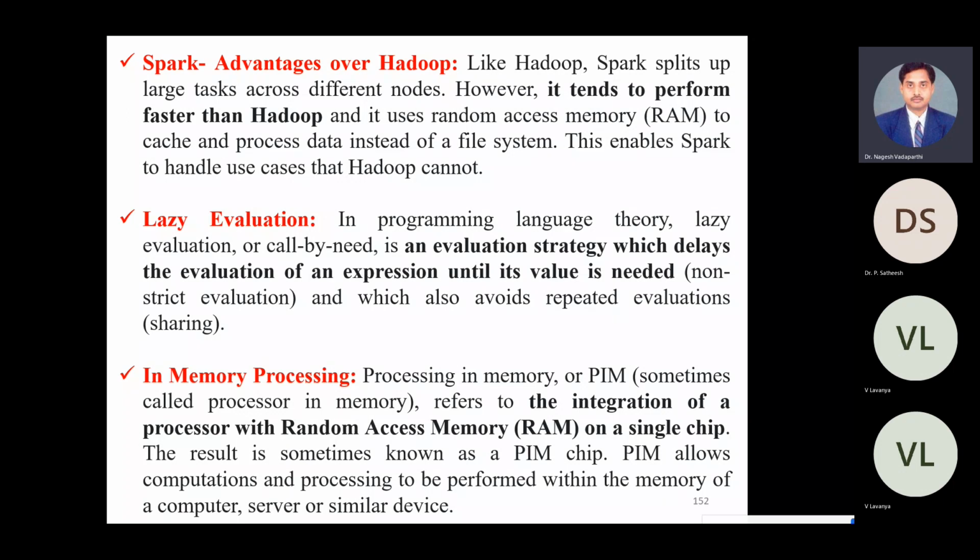This enables Spark to handle use cases that Hadoop cannot. That's why Spark is up to 100 times better than Hadoop. Hadoop runs as batch processing, whereas Spark runs on streaming processing.